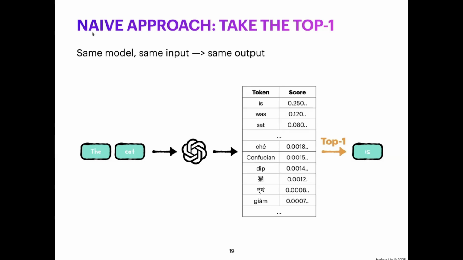If we take the naive approach, where we let the large language model only choose the token with the highest probability, we will definitely get the answer consistently. That means every time we pass the same input to the model, we will get the same output. That is, we only choose the top one token with the highest probability.